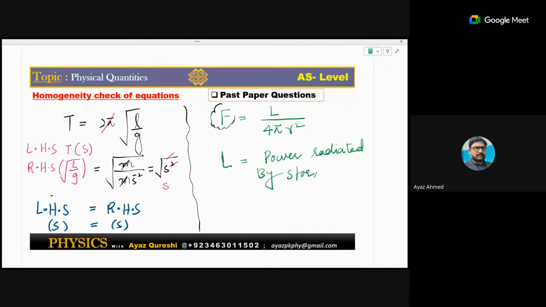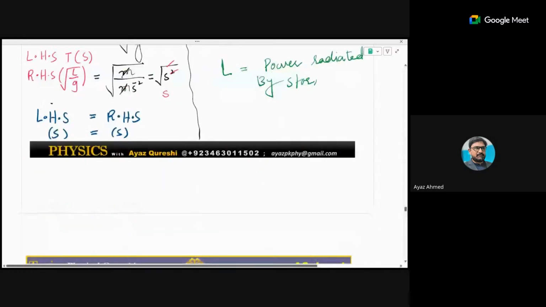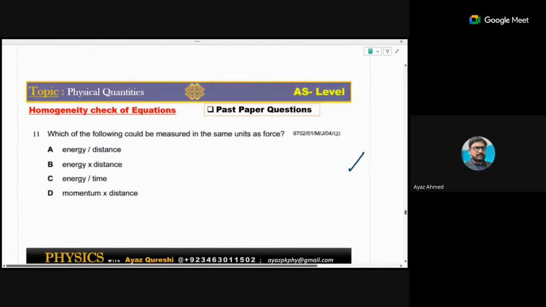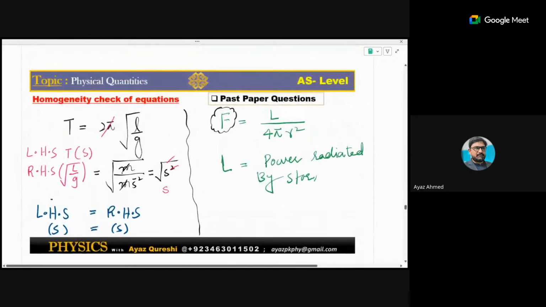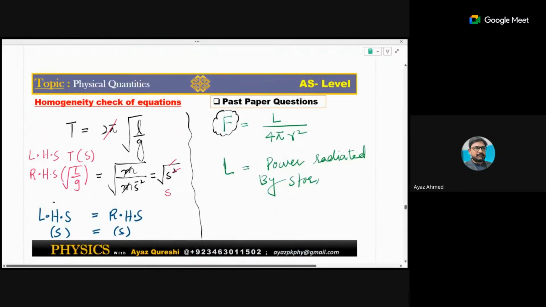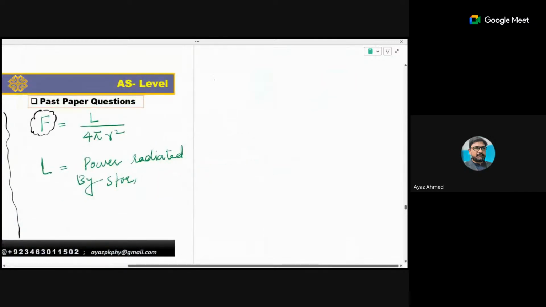Basically, this is your radiant flux intensity. The important thing for these types of questions is to read the script first, because in the script it will be mentioned what this is and what it means.